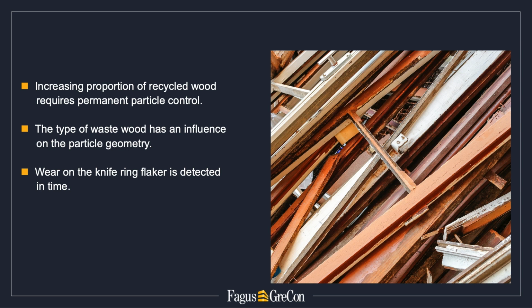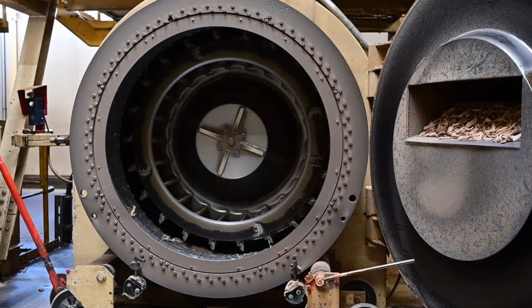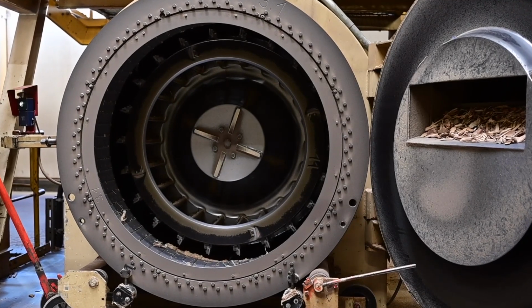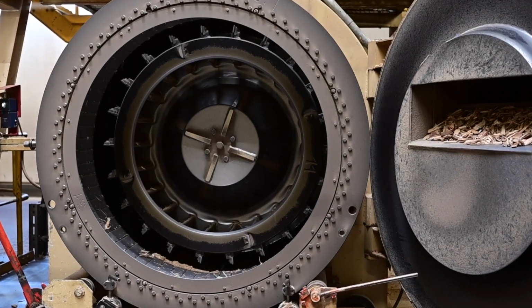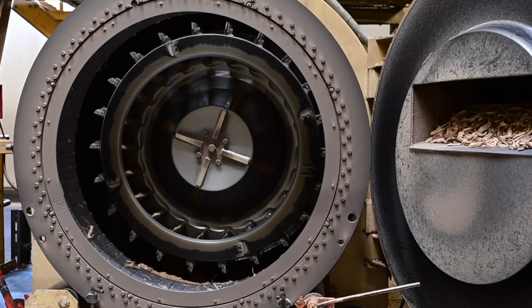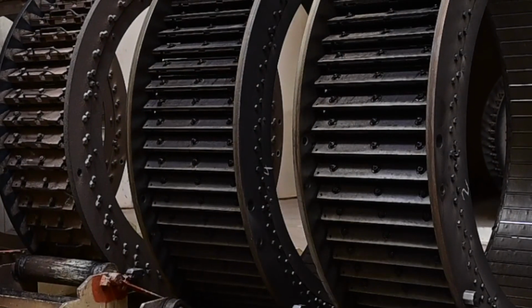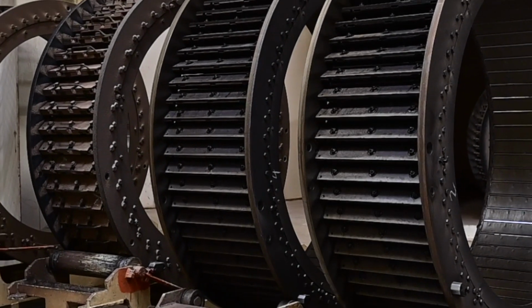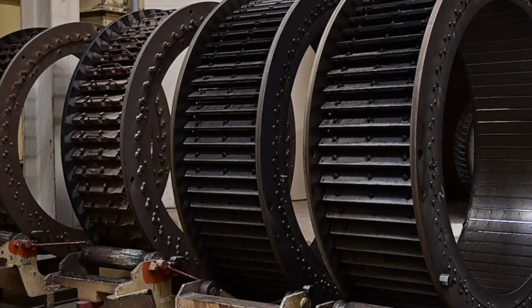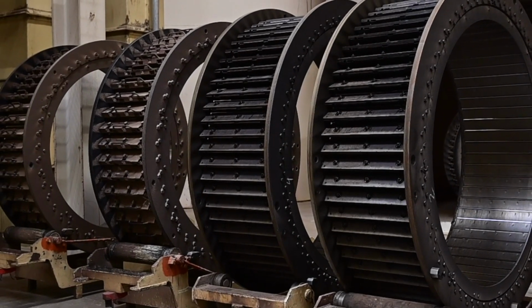Besides the knife protrusions, it is particularly the type of waste wood used that has a decisive influence on the geometry of the particles and thus on the properties of the board. Furthermore, the wear of the knife rings depends on the type of waste wood, which again also influences the particle geometry.